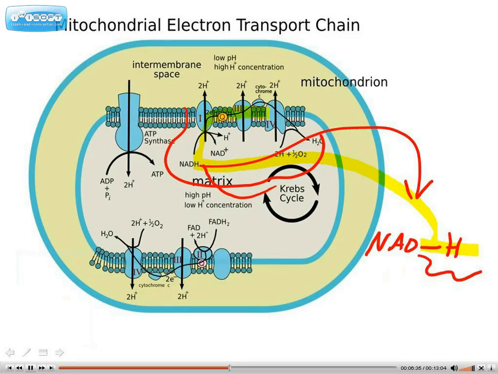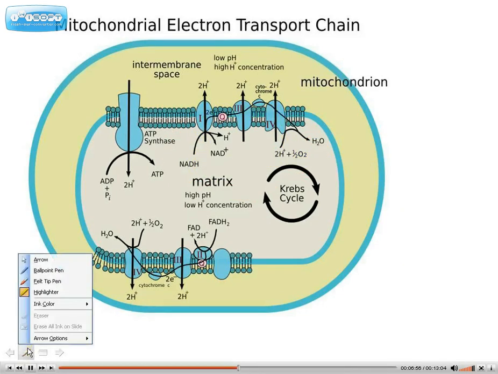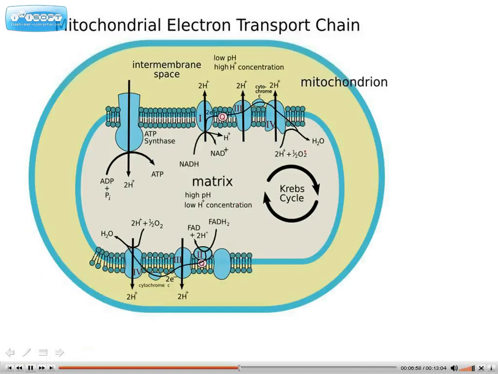It passes through each of the metalloproteins, kind of like electricity passes through a circuit, until it's grounded. It's ultimately grounded by the electrons passing between hydrogen and oxygen, and they form brand new covalent bonds between hydrogen and oxygen, resulting in new water formed.